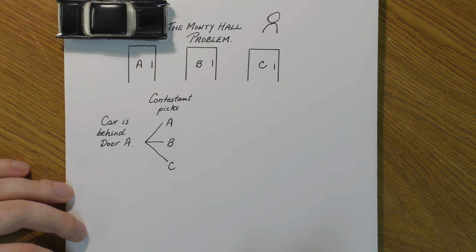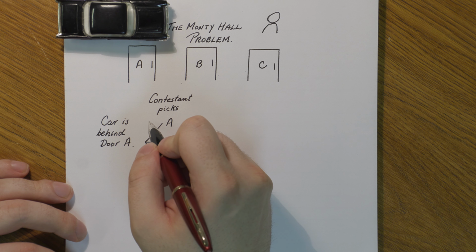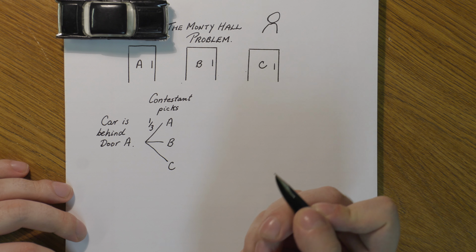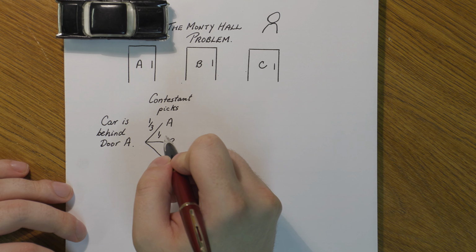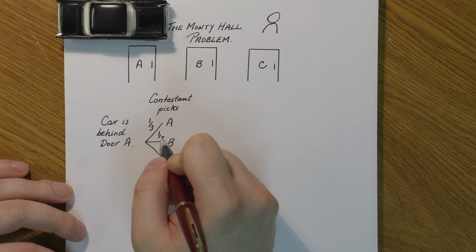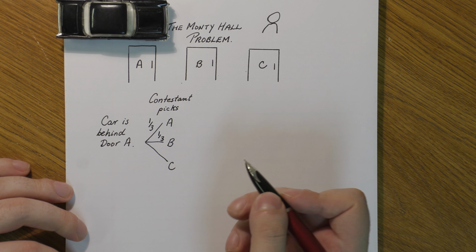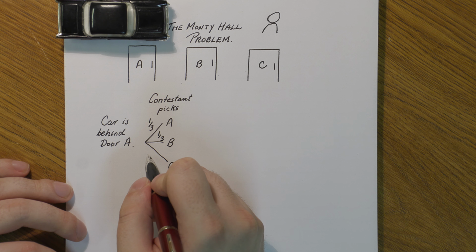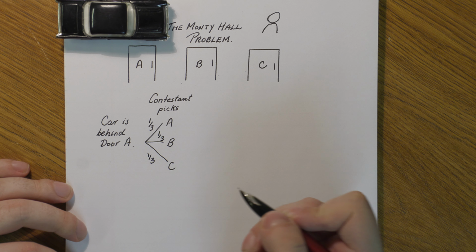Now, if the contestant is picking this randomly, and we're going to say with equal probability, well, there's three choices. So the probability that the contestant picks A is 1/3. The probability that the contestant picks B is 1/3. And also the probability that the contestant picks C is 1/3.